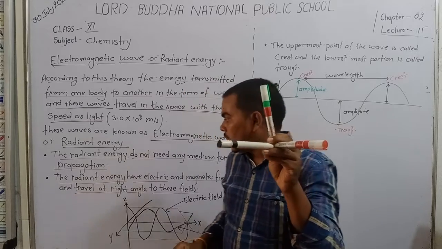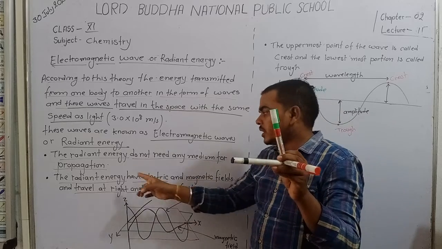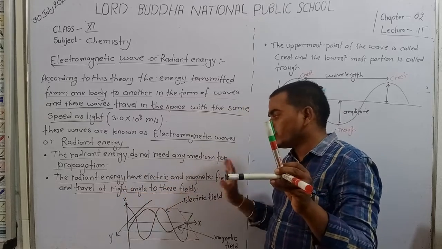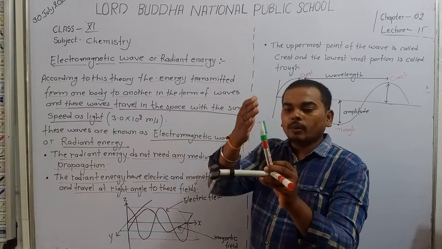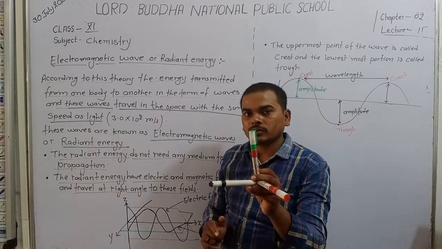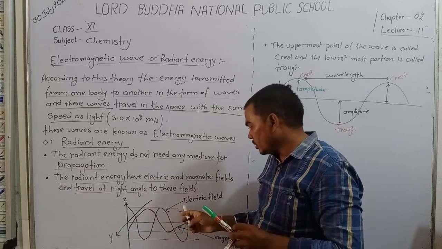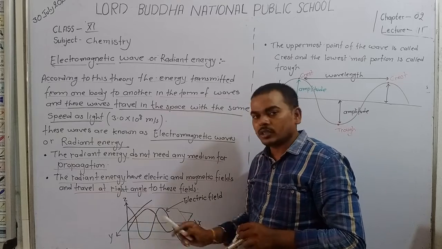It means radiant energy has electric and magnetic fields, and it travels at right angles to these fields. The electric field and the magnetic field are perpendicular to each other.